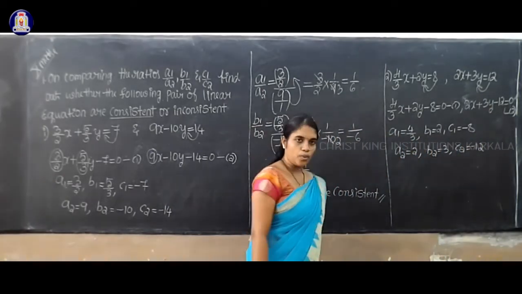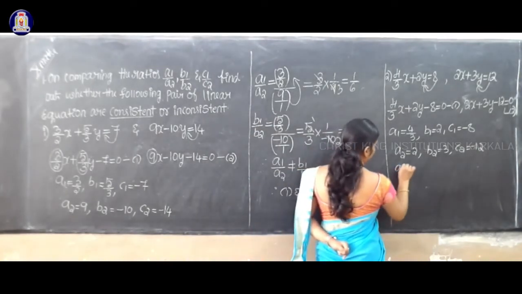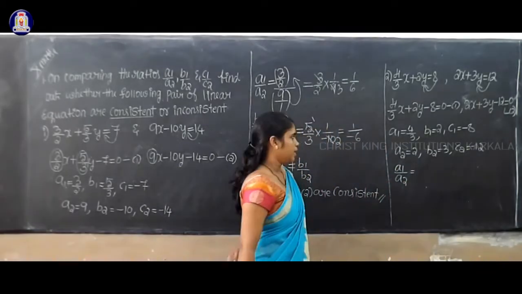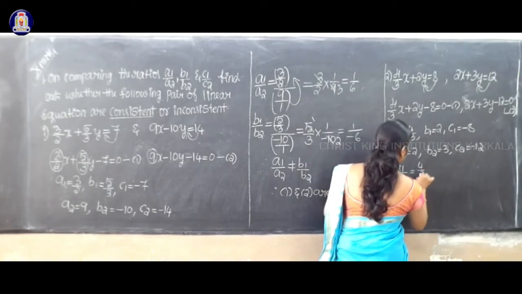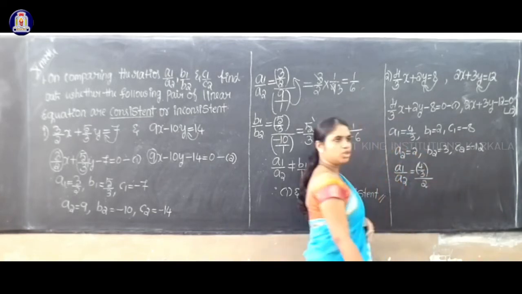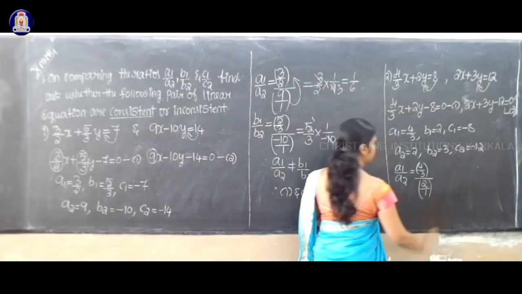Okay. So now I'll calculate the value of A1 by A2. A1 is equal to how much? 4 by 3. A2 is equal to how much? 2. Shall I write this 2 as 2 by 1? Yes.